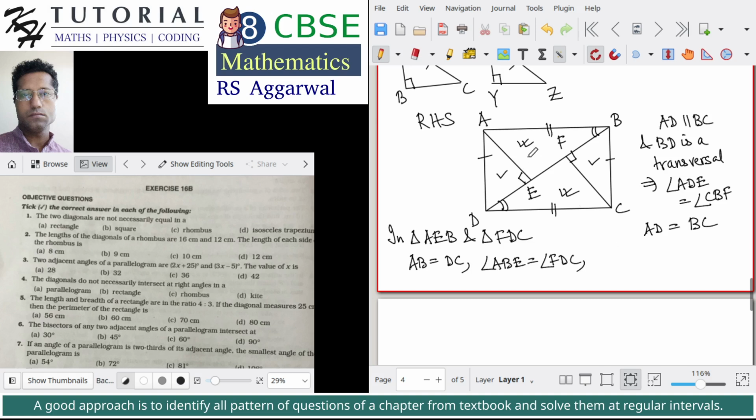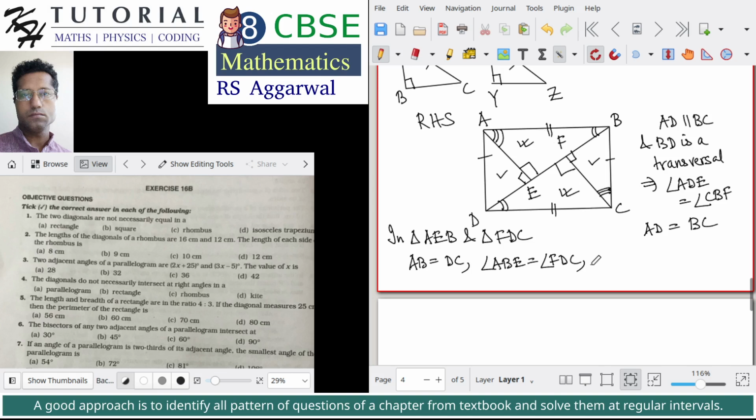This is 90 degrees, also this is 90 degrees, and definitely we must have this angle equal to this angle.